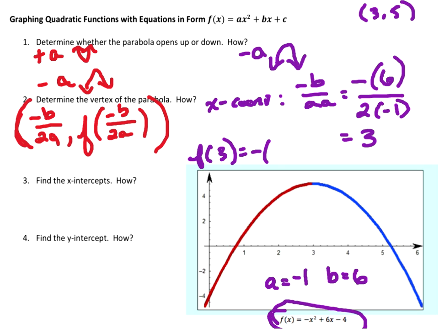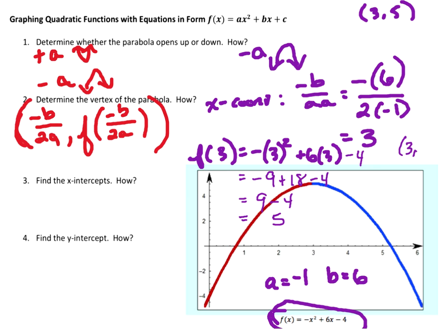So negative 3 squared plus 6 times 3 minus 4. Okay. So this is negative 9 plus 18 minus 4, which is 9 minus 4, or 5. So now I have that my vertex is the point 3, 5.